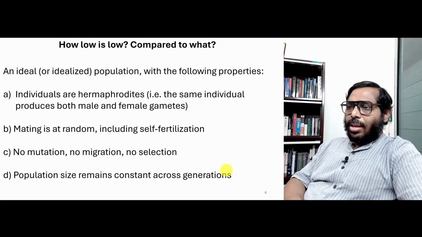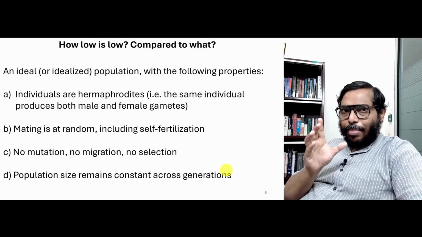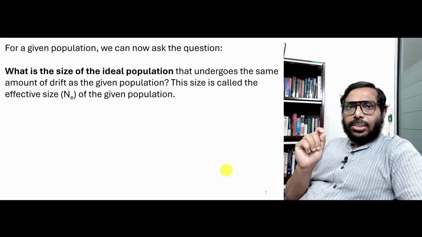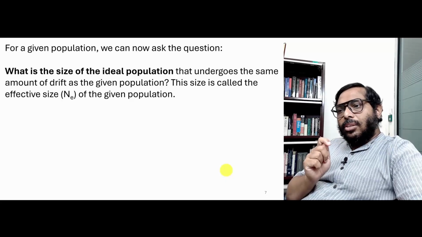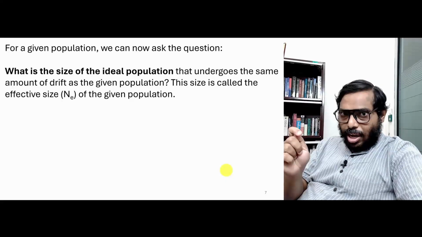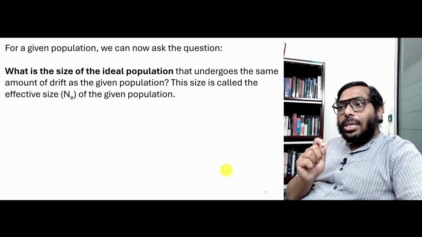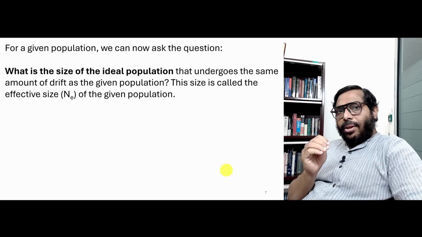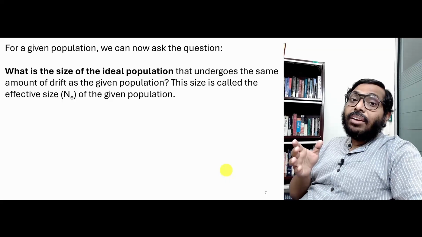Anyway, now that we have defined an ideal population, we have established a benchmark against which we are going to compare. We can now ask the question: what is the size of the ideal population, how many individuals are there in the ideal population, that undergoes the same amount of drift as the population that I am interested in, the focal population, the given population?